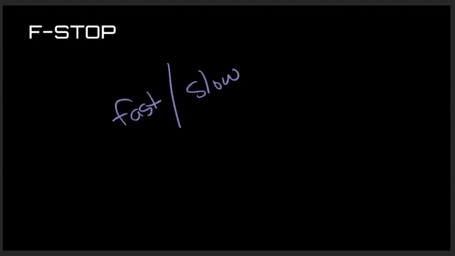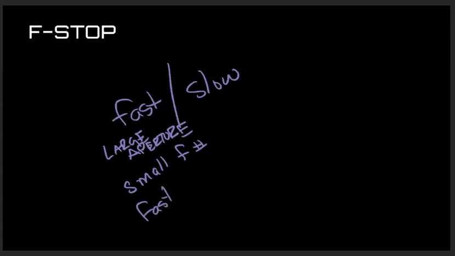But that doesn't have anything to do with the aperture normally. Well, it kind of does. So if we talk about a fast lens, what we're talking about is a lens with a large opening. Large aperture, right? Which means a small f number, okay? Which means that you can have a fast shutter speed because there is more light coming in.